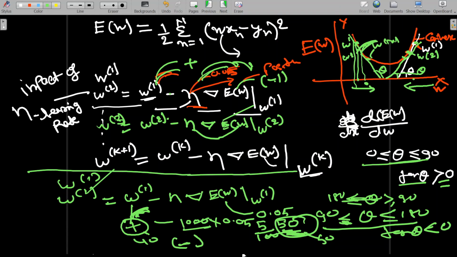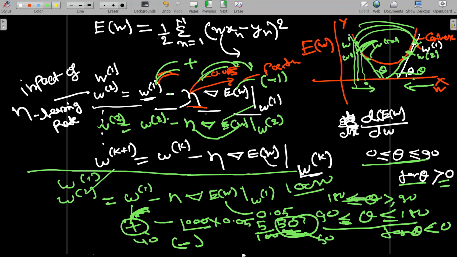Similarly, if you go for this one, and take another bigger value, let's suppose 10,000, again it will jump from here to here.